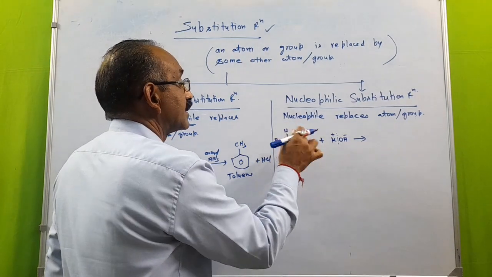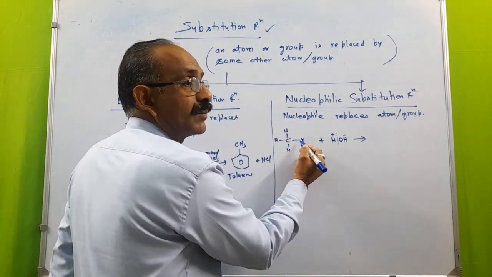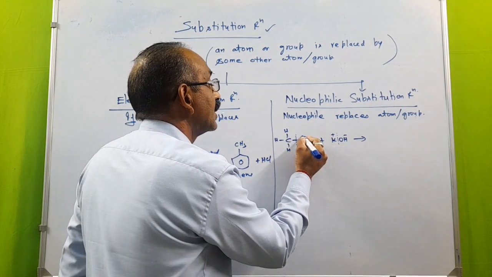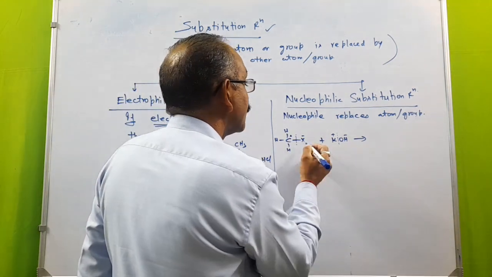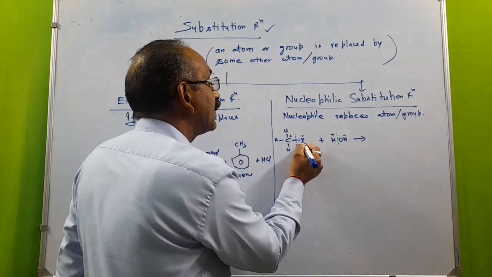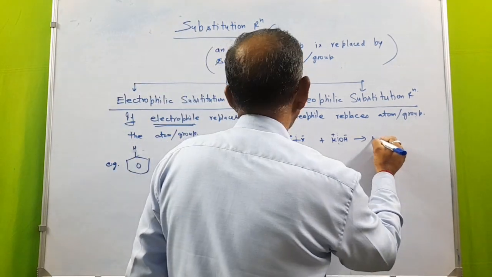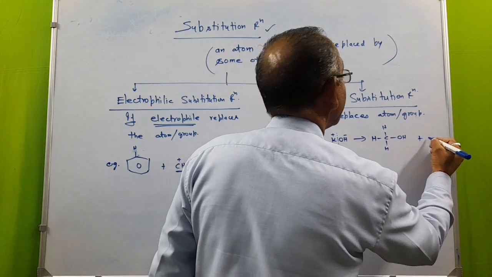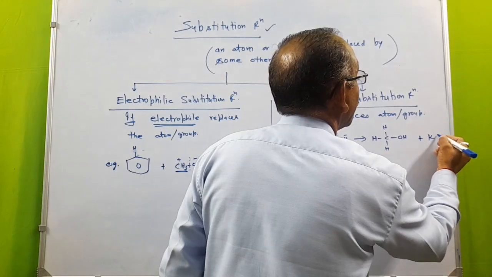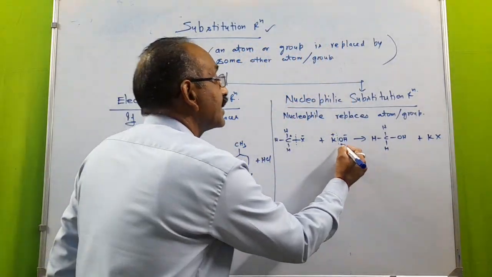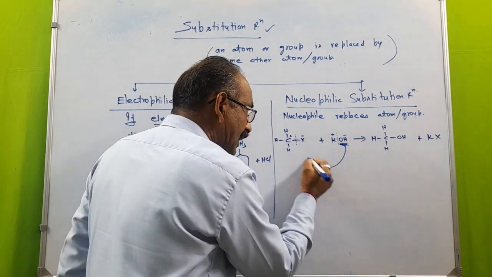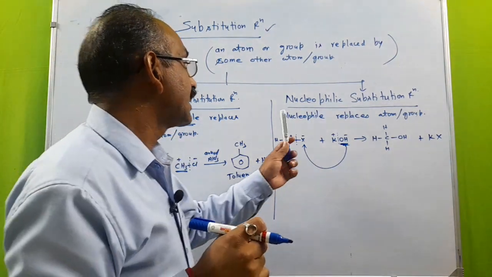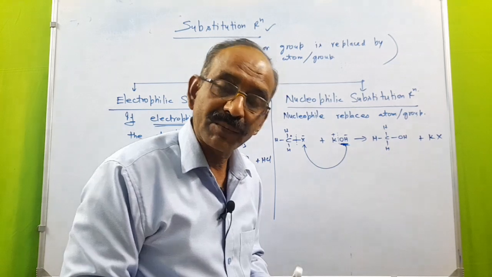Here in the CH3X, the C-X bond is the polar bond. Now, here the bond dissociation occurs, and this OH minus replaces this X minus, and we obtain here CH3OH along with, now the X minus comes out with the K and we'll get KX. Here this nucleophile is removing an X atom, and that's why this one is an example of the nucleophilic substitution.